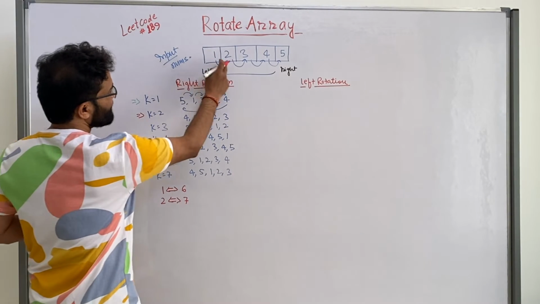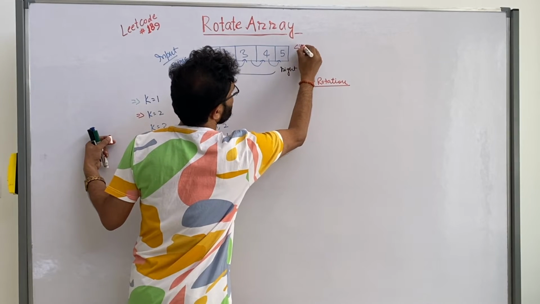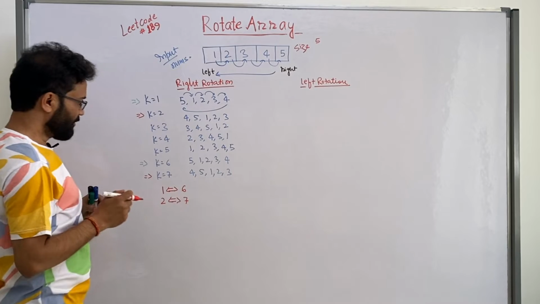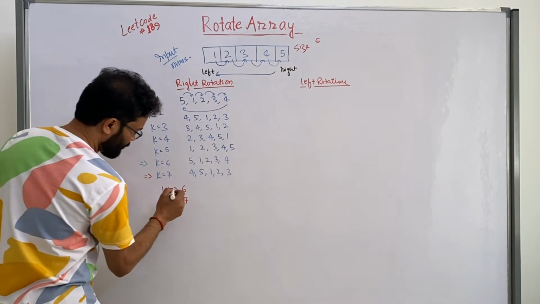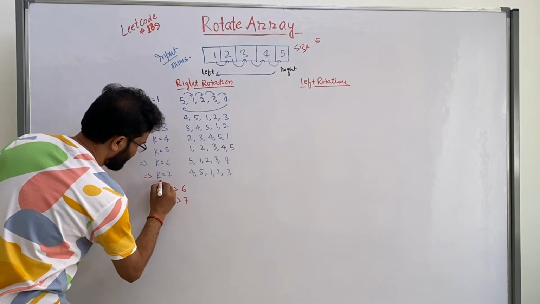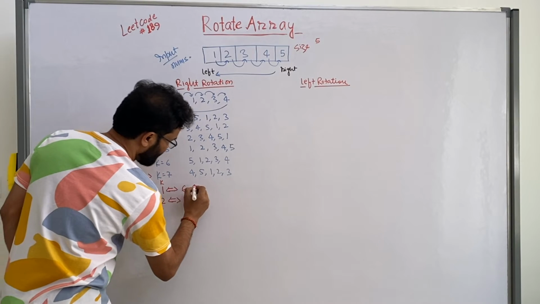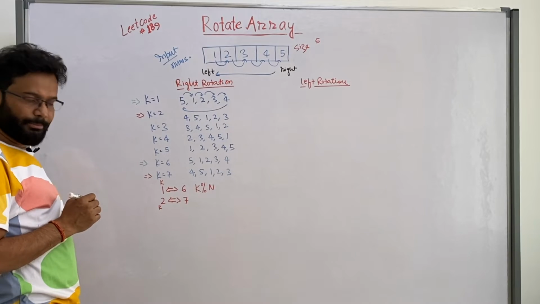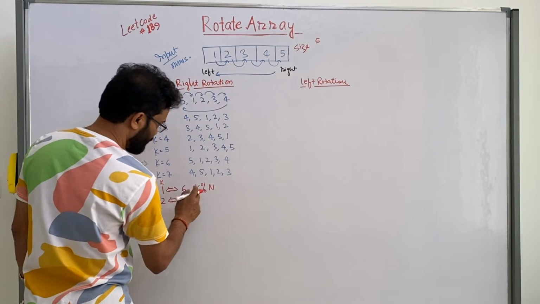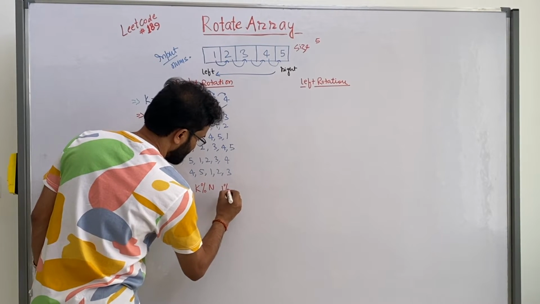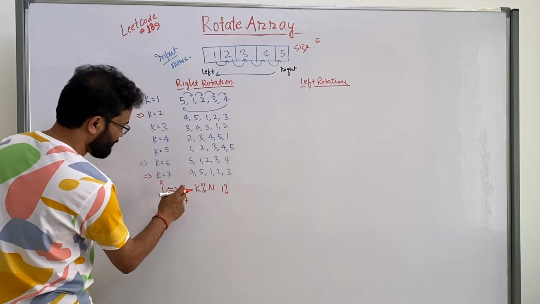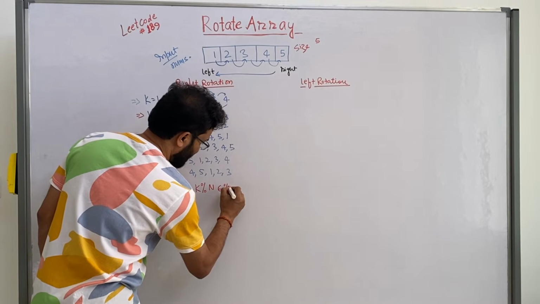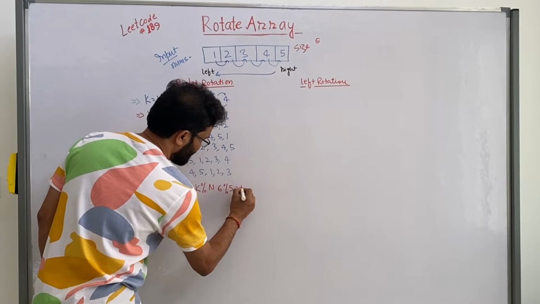What is the size of this array? The size of this array is 5: 1, 2, 3, 4, 5. Now if k is equal to 6 and you do k mod n, where n is equal to 5, you will get 1.